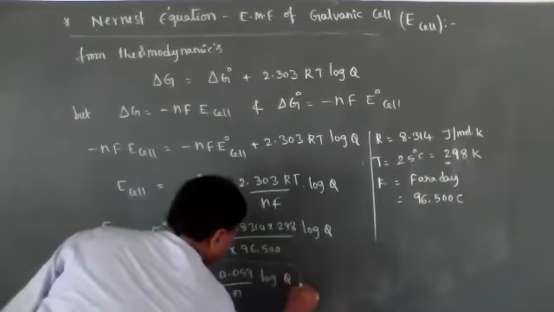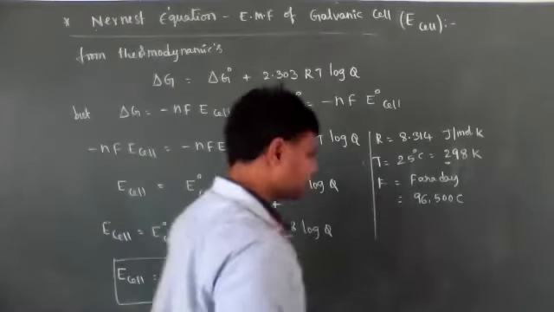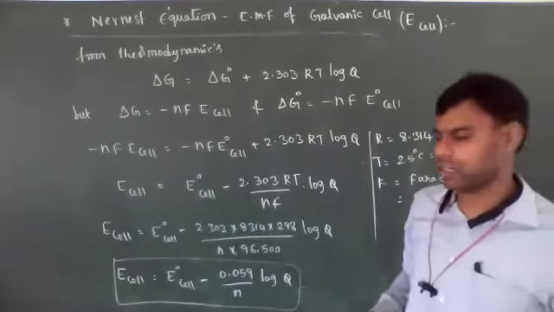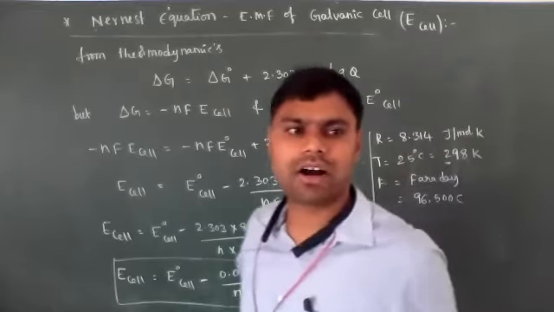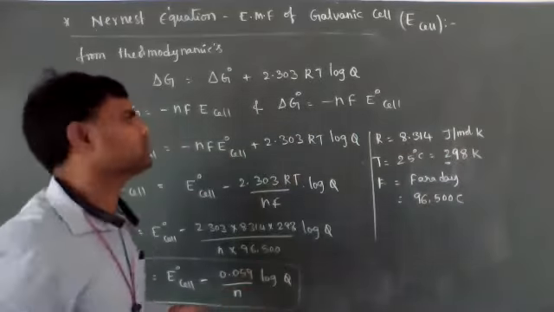This is the next equation: E cell is equal to E0 cell minus 0.059 by n log Q. What is Q? Q is the concentration of products by the concentration of reactants.